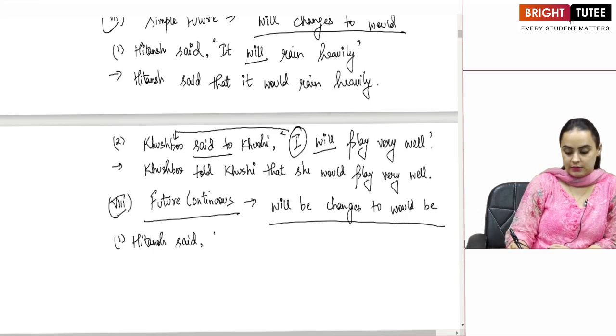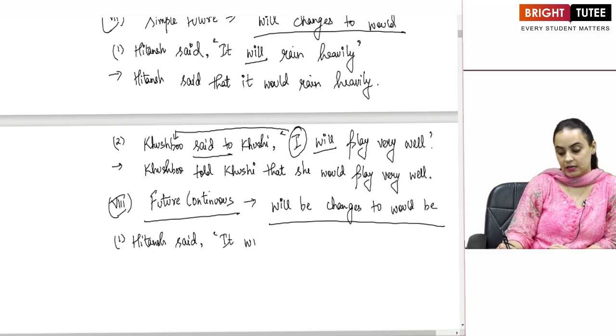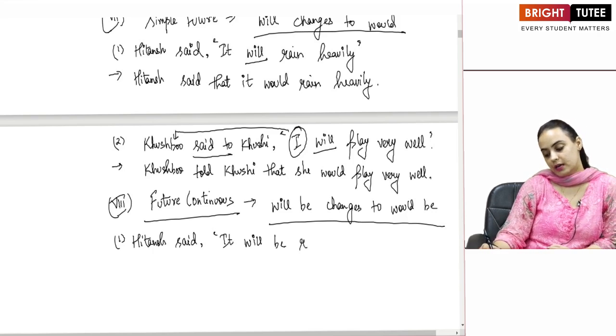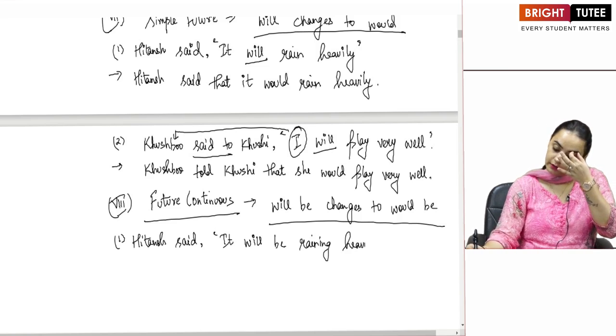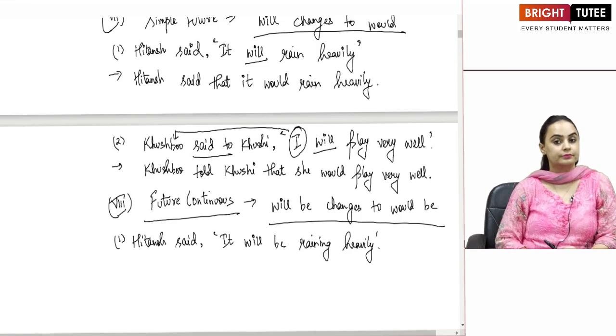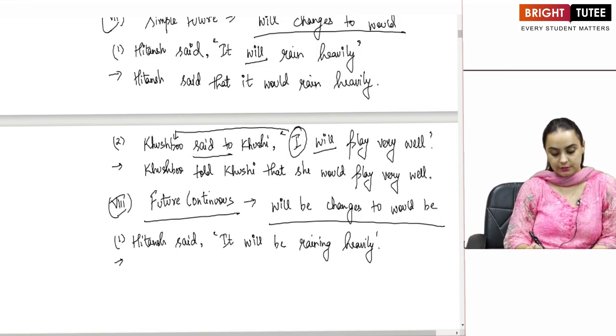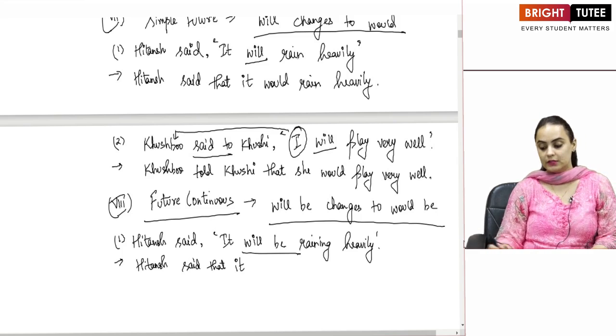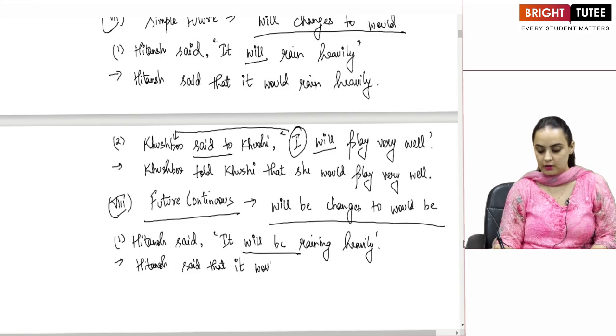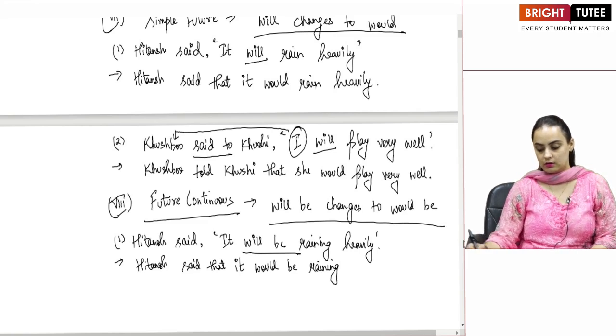Hitansh said, it will be raining heavily. How do I change it? Hitansh said that it will be changes to would be. So it would be raining heavily.